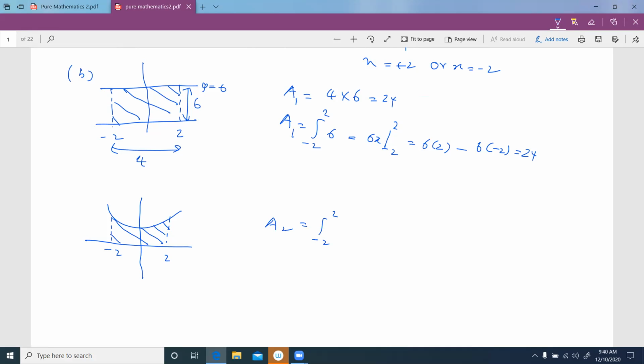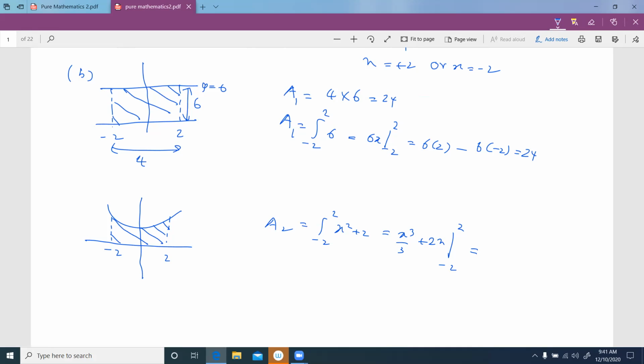The curve is x squared plus 2. If you do this integration, you get x cubed over 3 plus 2x from minus 2 to 2. If you do this substitution, you will receive the answer. Just substitute and see.